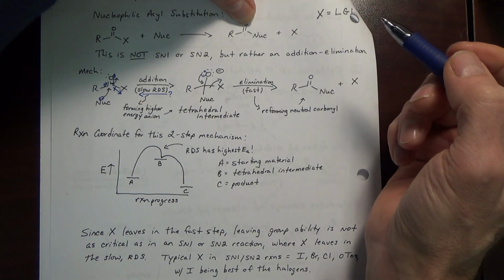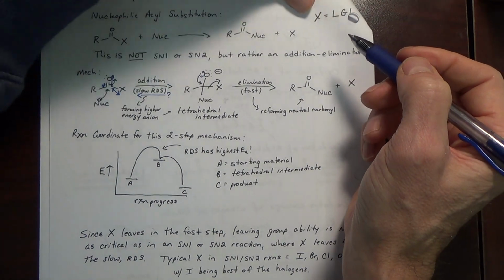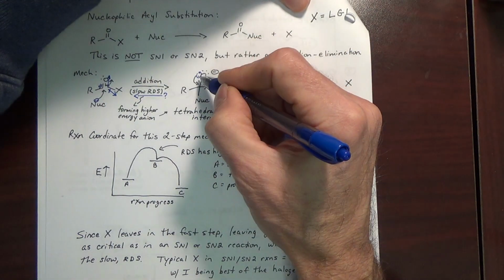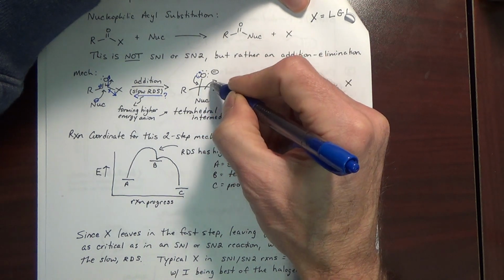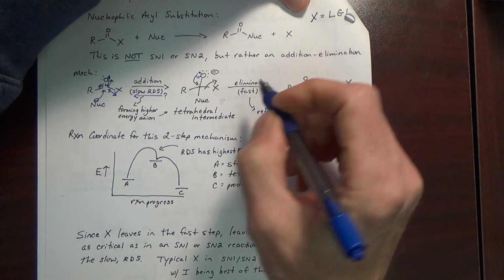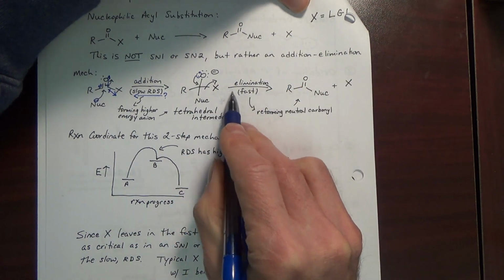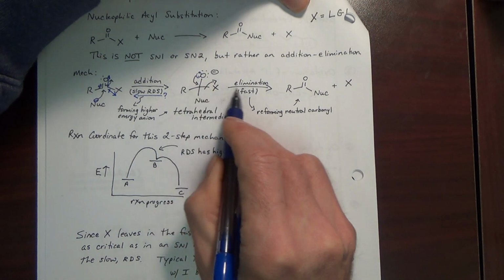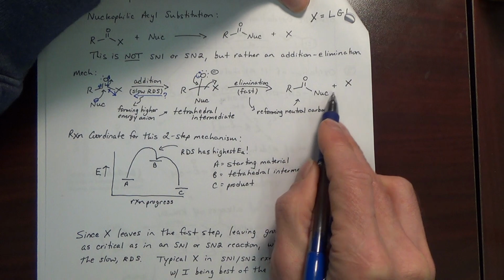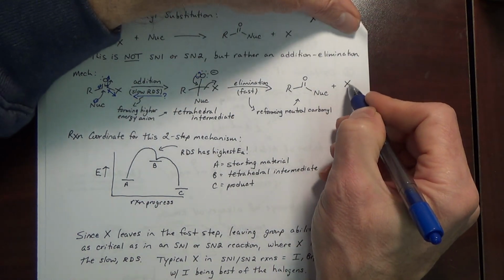We've also said this several times, and we'll say it again. Anytime you can make a double bond, a pi bond, by kicking off a leaving group, that's typically an easy thing to do. It's going to be fast and easy. And so we can do this, and we can call this elimination because the X group has been eliminated.